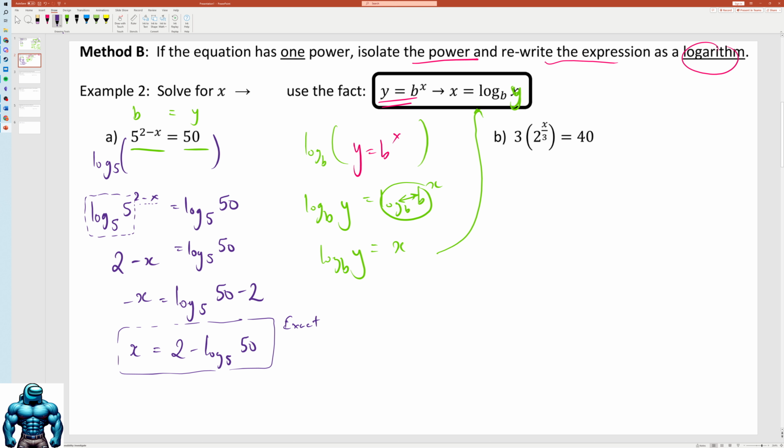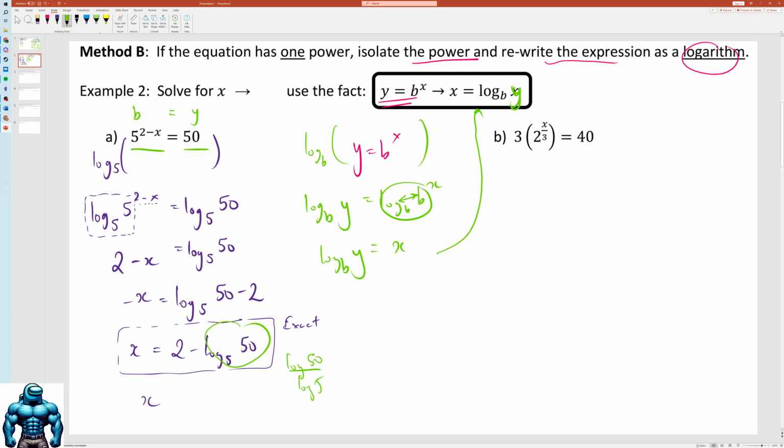If they ask for you to round, okay, now grab a calculator. Let me grab mine. It needs a little help here. We're going to go for 2 minus the log base 5. Just as a refresher, in case you don't have the fancy log button that specifies a base, you can still express this as log of 50 divided by the log of 5, which I'm going to do right now.